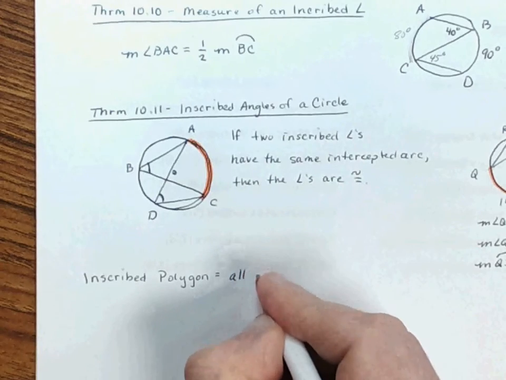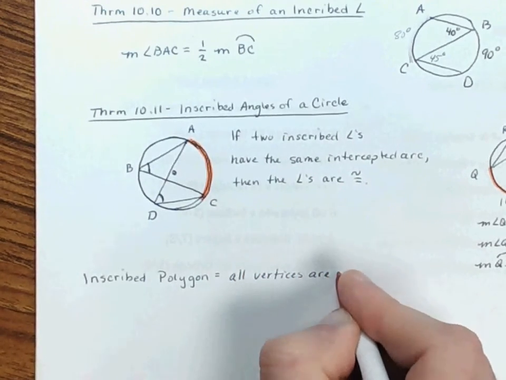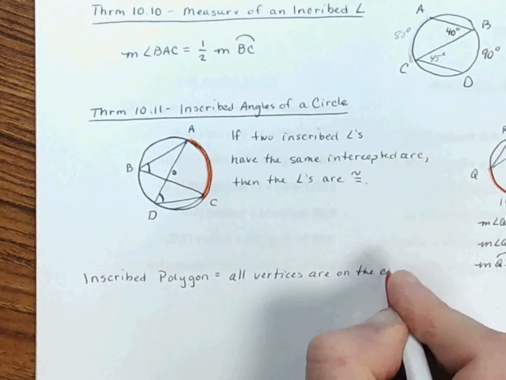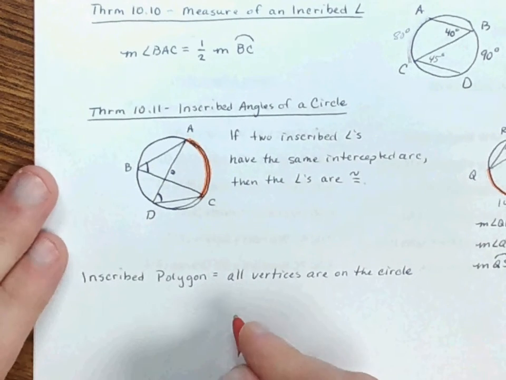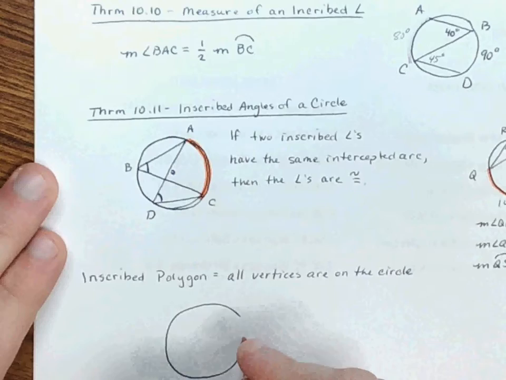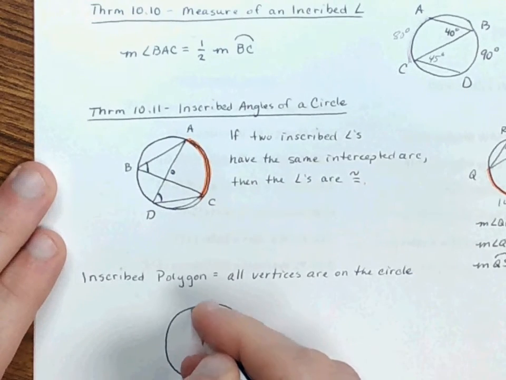So all vertices. For example, we have a circle. So we got something like this.